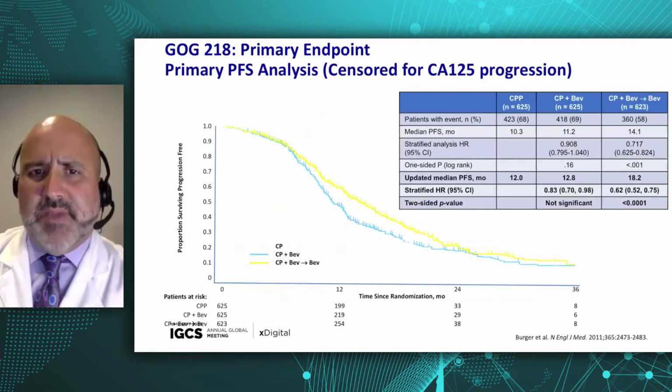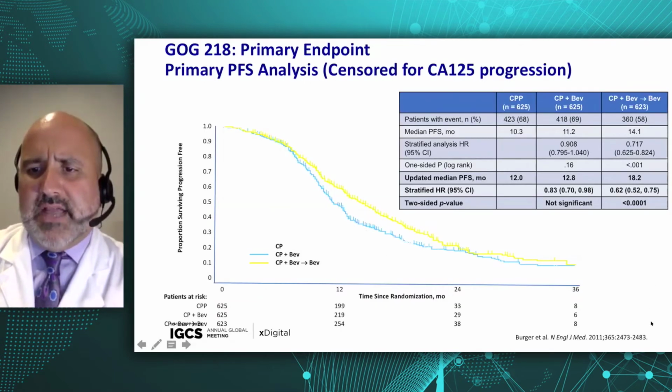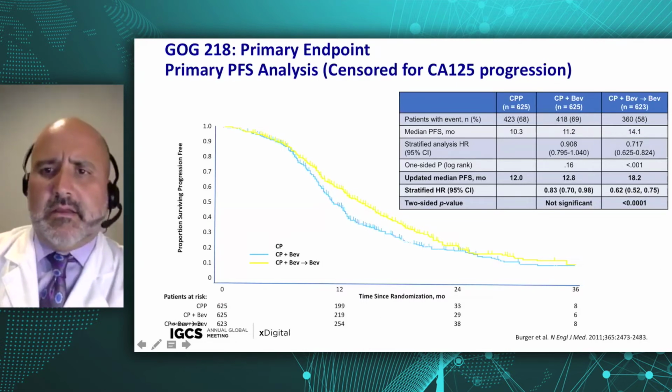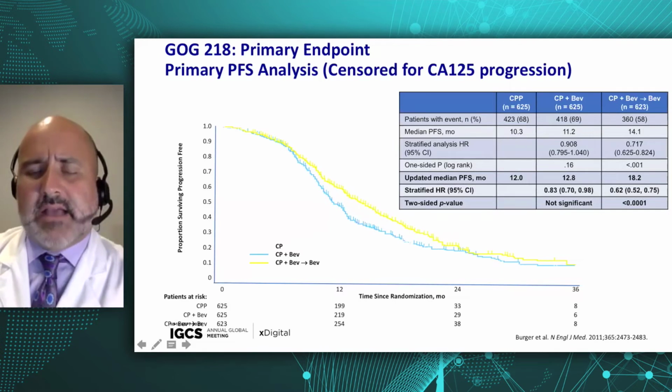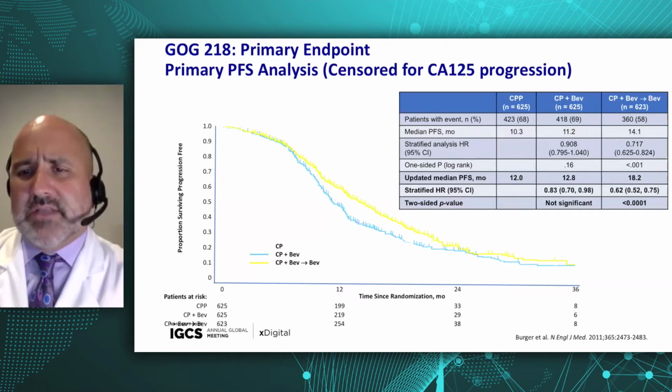As we look at these patients, we have to really think about and put into context where we are in our overall population. This is the original presentation, which included the censoring for CA125. These numbers are slightly different when you just look at RECIST criteria.